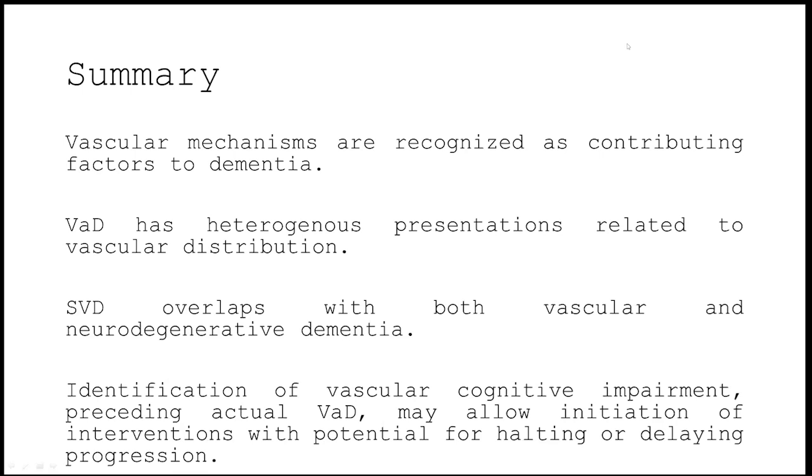Attention to vascular pathology may allow initiation of interventions such as controlling high blood pressure, diabetes, cholesterol, lifestyle interventions, as well as herbal remedies, some smoking cessation programs, and dietary interventions. They all have the potential for halting or delaying progression. And this is key, as I mentioned, in primary and secondary prevention of stroke.